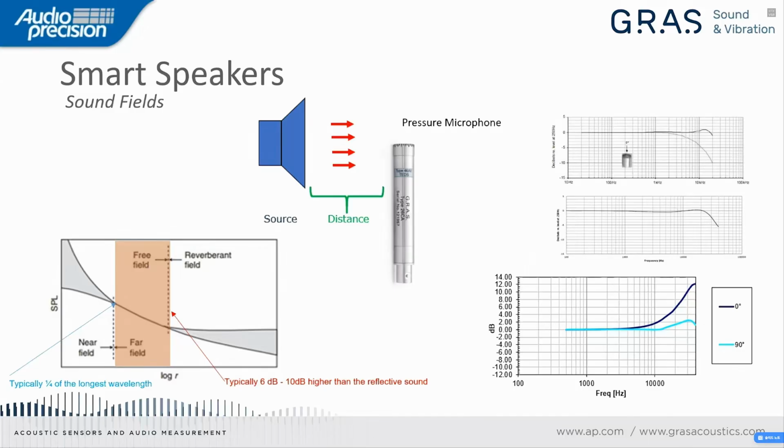If we do so, then if we look at the light blue in the graph here, we can see that we will have an almost flat response up to 20 kilohertz. So if we would like to convert a pressure microphone into a free field microphone, we have to use it at 90 degree incidence to our sound source.